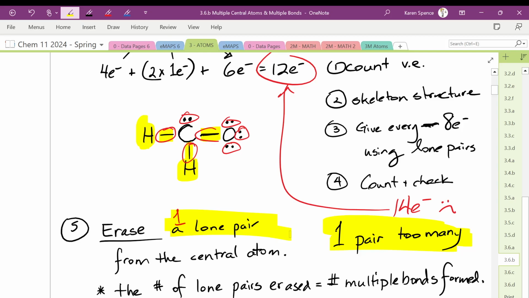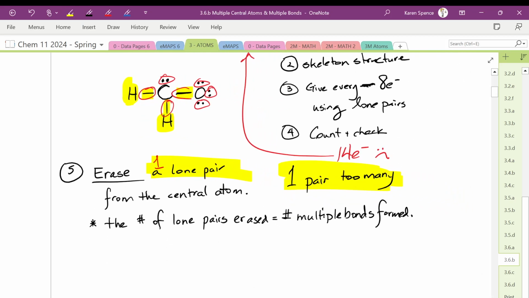So let's take this structure and I am going to redraw it down here. H, H, O. But I'm going to take off this pair. We're going to erase it. So it's now gone. That's part 1 of step 5, so that's like 5A.